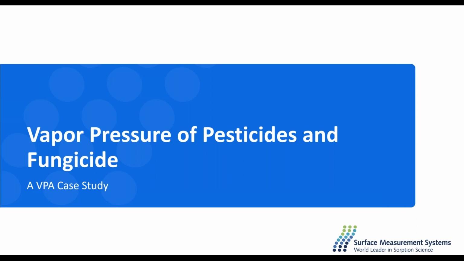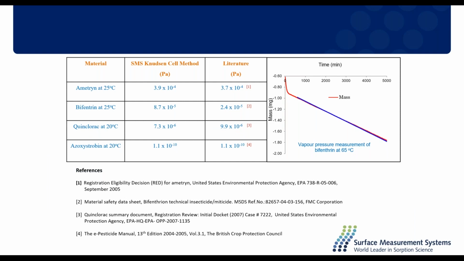Pesticides and fungicides, as mentioned, are important products to know the vapor pressure of, to measure toxicity and to conform to regulatory pressures. These are the vapor pressures measured from 4 different pesticides at 20, 25, and 30 C. We can see that they are extremely small, 10 to the -4, 10 to the -6, 10 to the -10 Pascal.